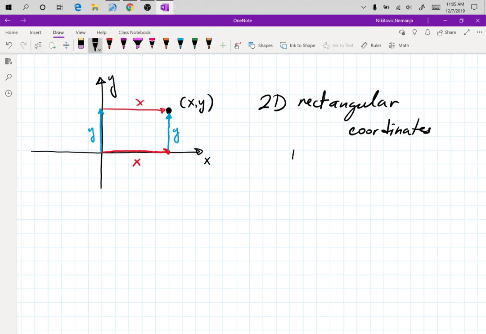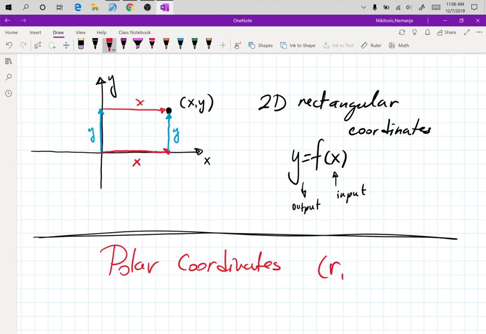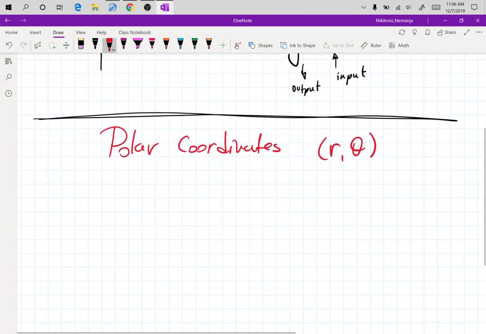And you also had y equals f of x, where x was your input and y was your output, and you had all of the calculus you learned so far, Calc 1 and Calc 2, done right there. Now we are interested in polar coordinates, and those are r, theta, where r is the radius and theta is the angle.